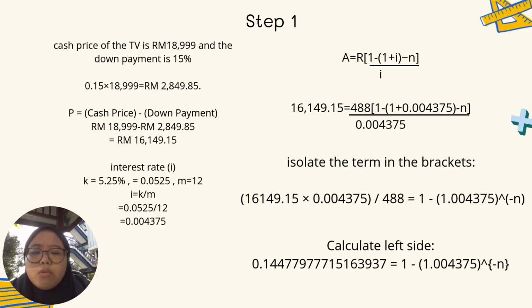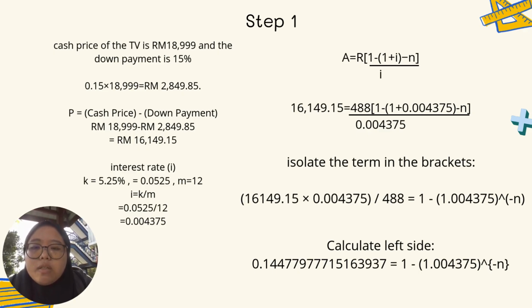Assalamualaikum warahmatullahi wabarakatuh. Today I will explain question 5. First step, the cash price of the TV is RM 18,999 and the down payment is 15%. So we calculate 0.15 multiplied by 18,999, which equals RM 2,849.85.